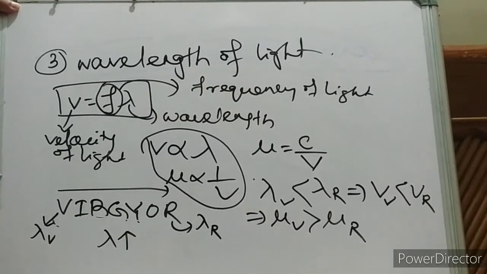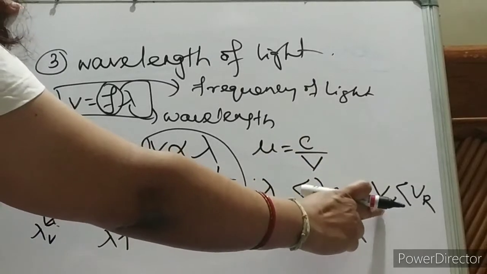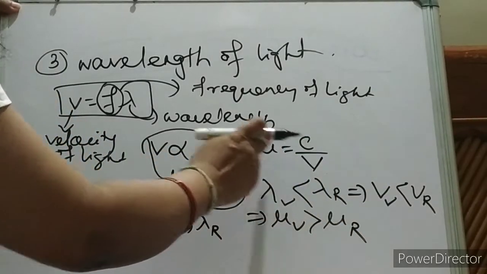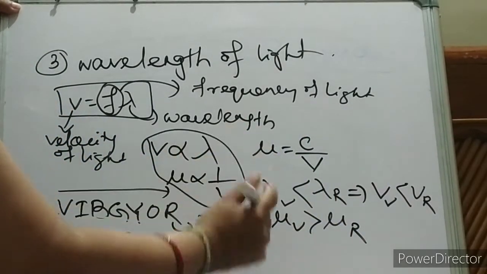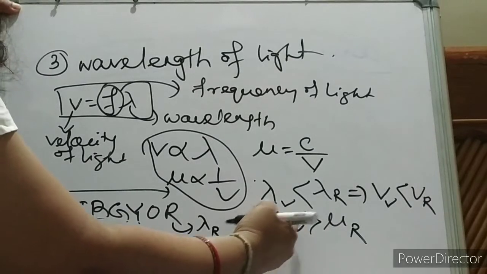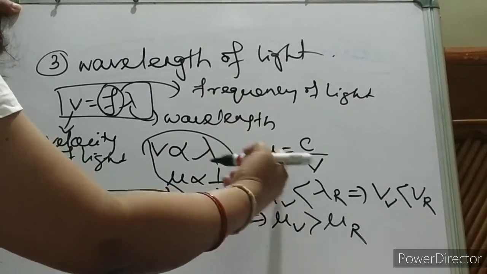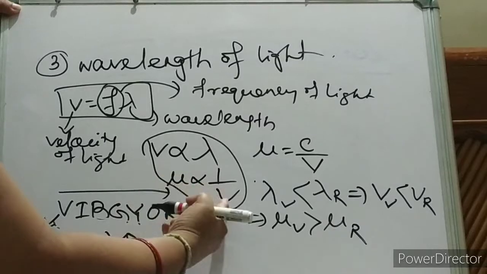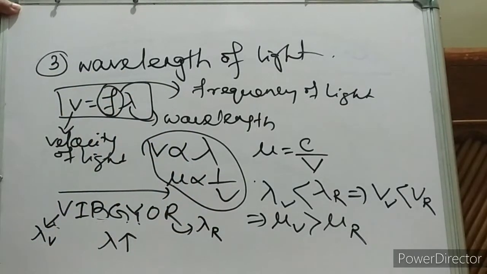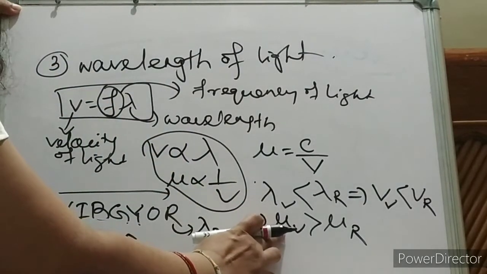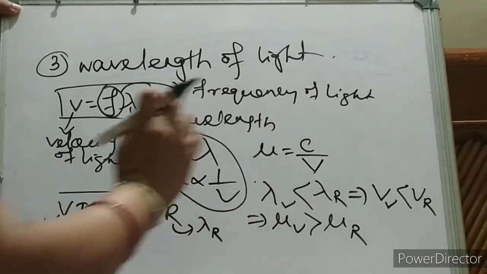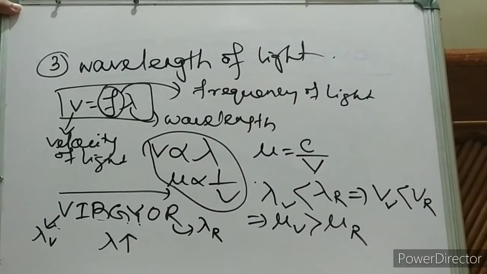V is directly proportional to lambda. So the velocity of violet light is less, which means mu will be more. This is inversely related. Please verify these formulas. So the refractive index of violet light is more than the refractive index of red light.